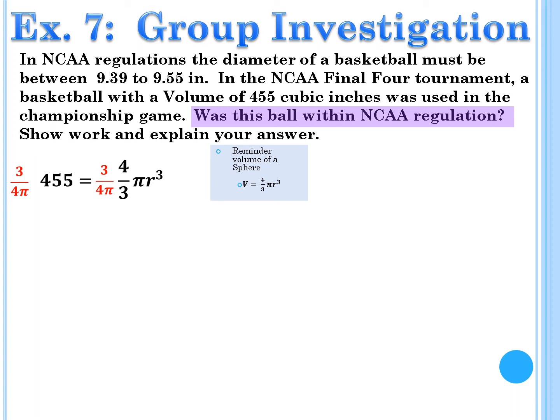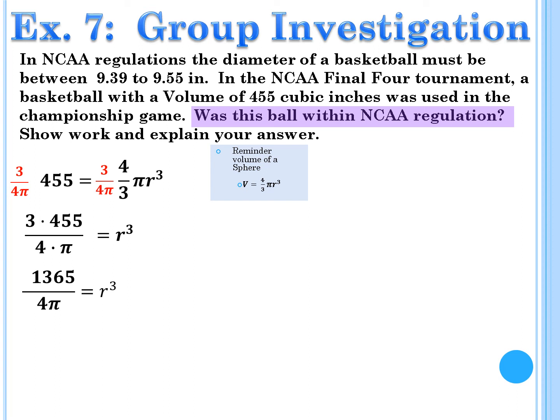And since that pi next to r cubed is in the numerator and that other pi is in the denominator, they will cancel out. So I get 3 times 455 divided by 4 times pi. So leaving everything in pi format till the very end, if I multiply 3 times 455, I end up with 1,365 divided by 4 pi.